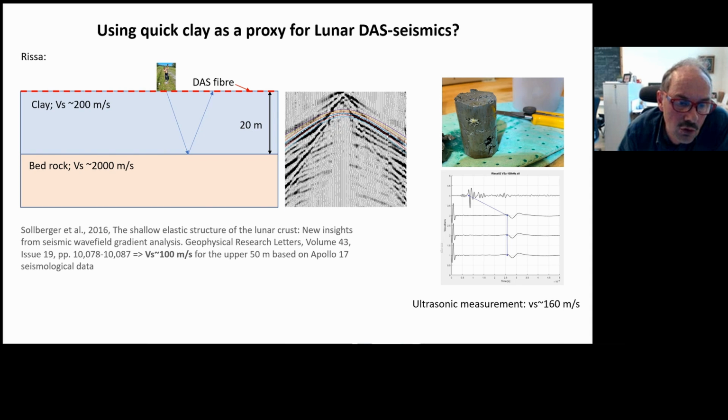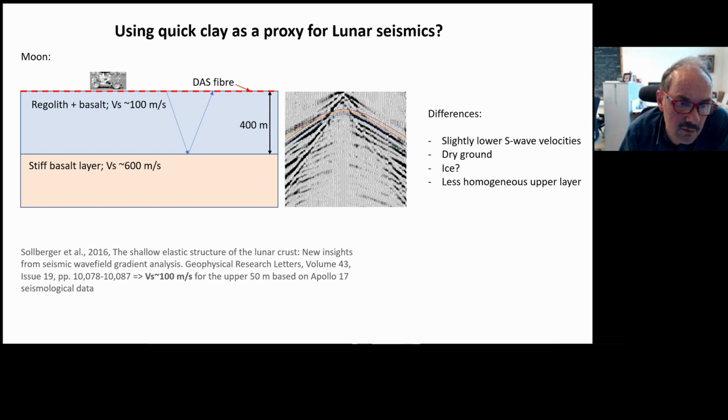There are some papers using data from Apollo 17, where they measure the shear wave velocity in the regolith layer to be around 100 meters per second. So the shear wave velocity of the shallow subsurface of the moon is similar to what we have in our field experiment. So that's what we think is similar.